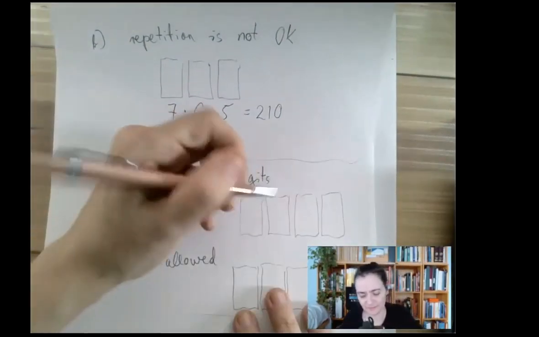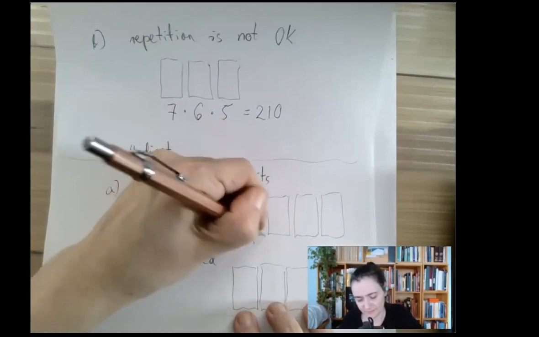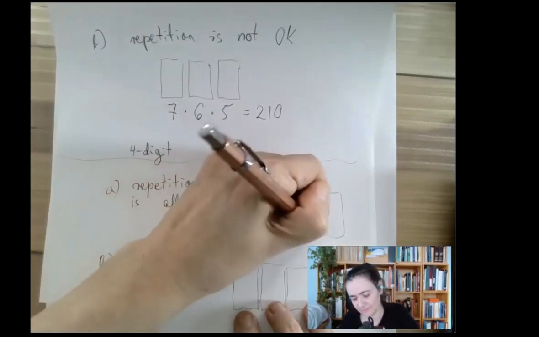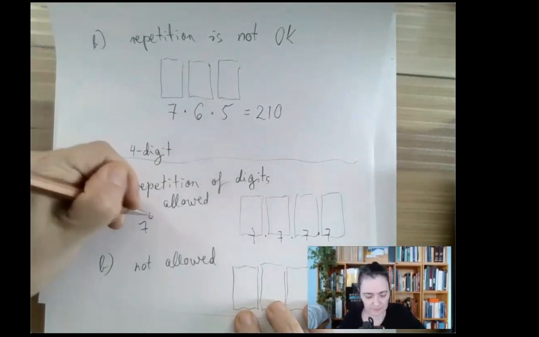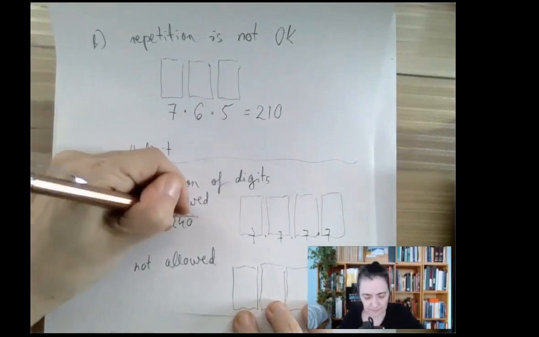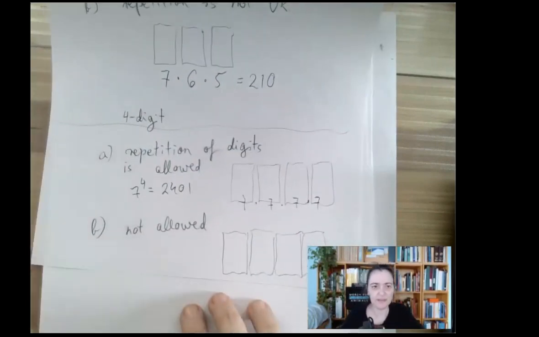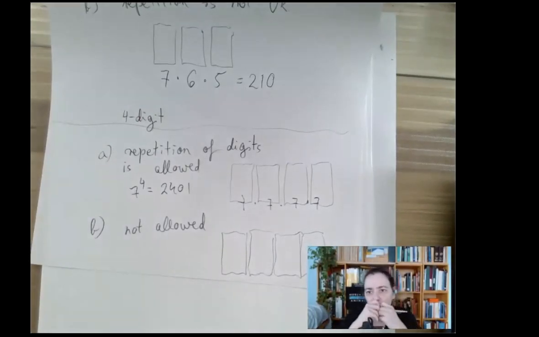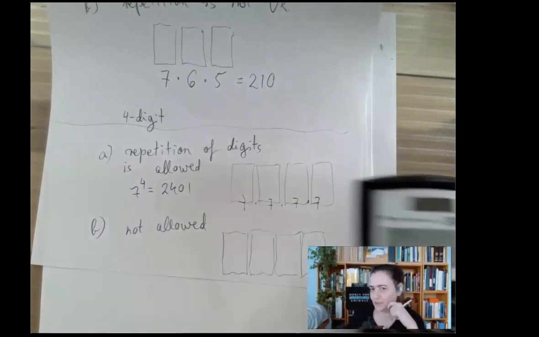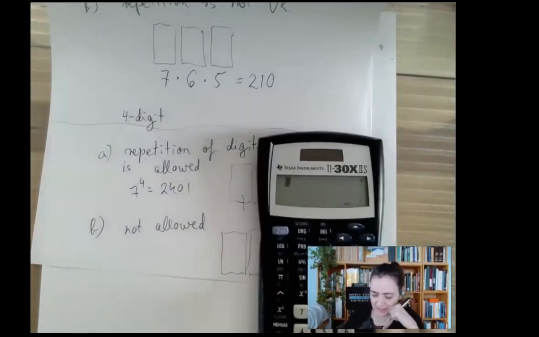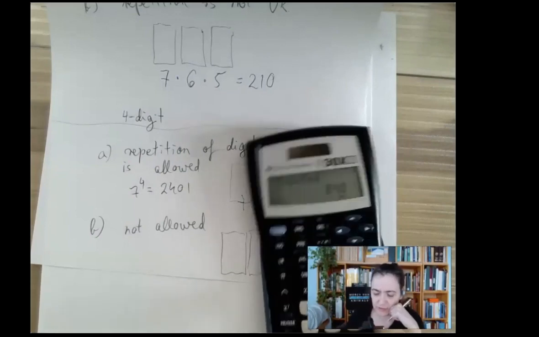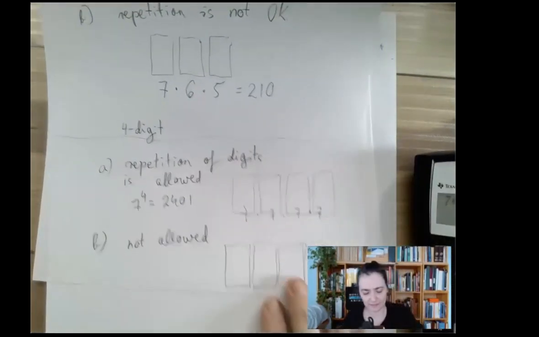Good. And if repetition of digits is not allowed, oh, we can agree. 7 times 6 times 5 times 4, and correct.